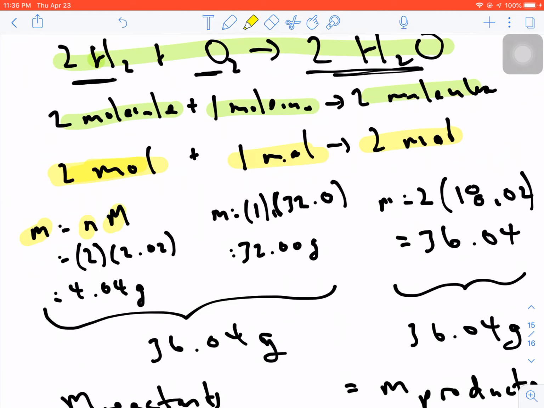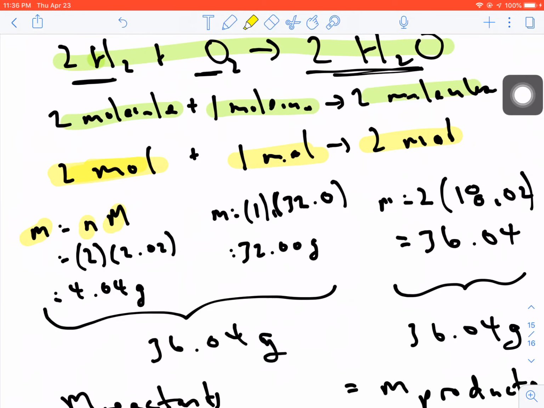The number of moles is 2 moles, and the molar mass is the molar mass of H2. The molar mass for H2 is 2 H's, which is 2.02. So 2 moles at 2.02 grams per mole gives me 4.04 grams.